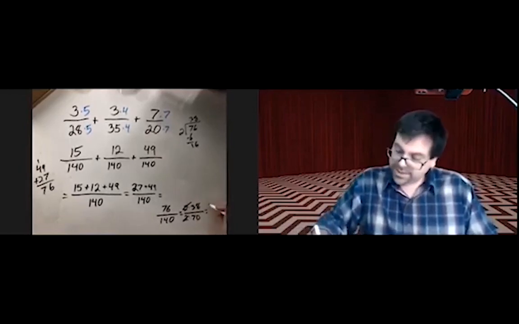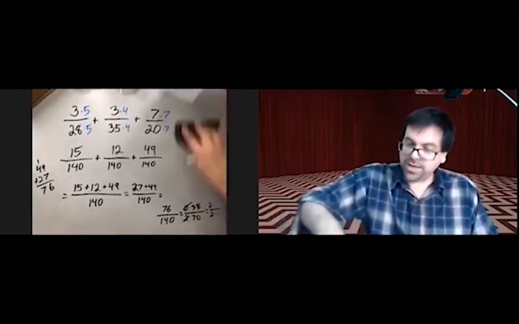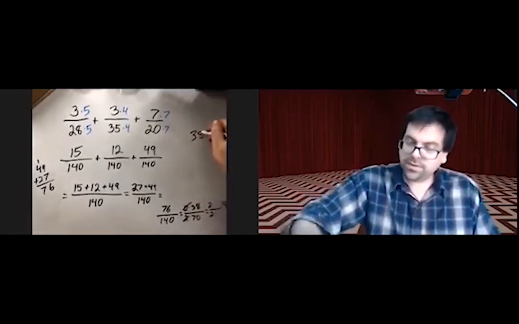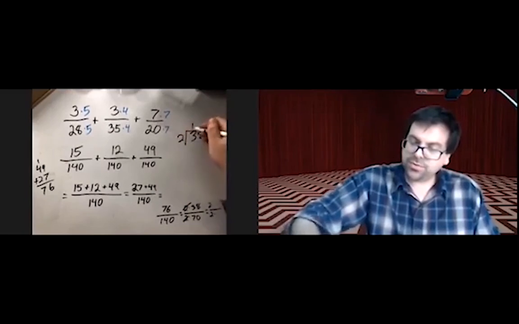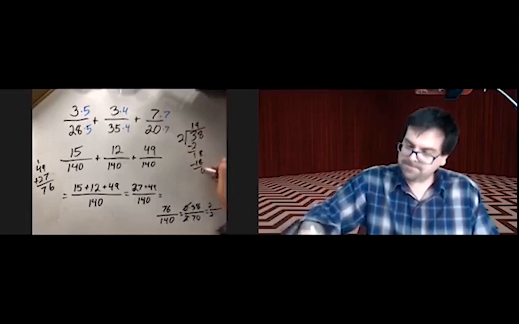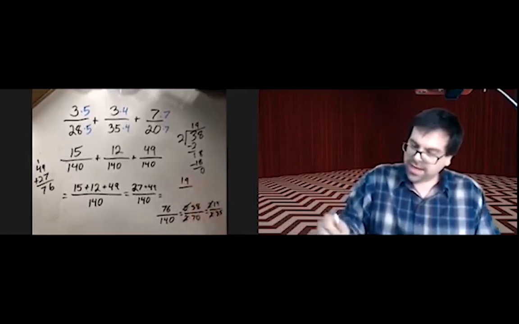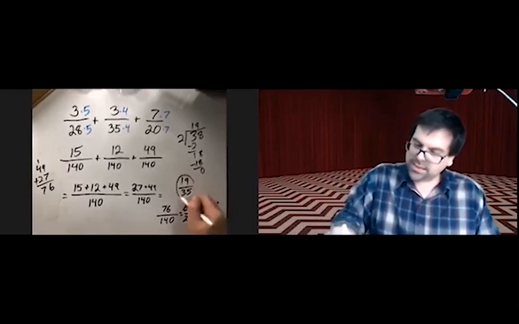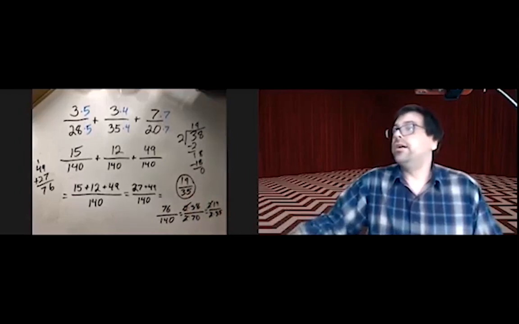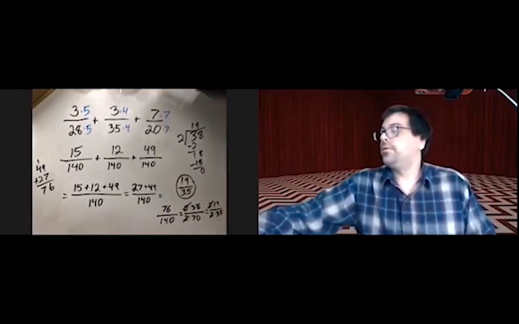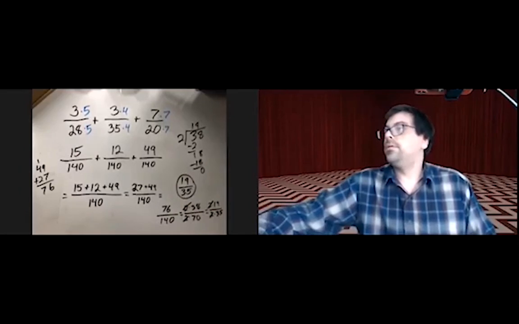But 38 and 70 can both be divided by 2 again. 38 divided by 2 is 19. 70 divided by 2 is 35. So it looks like we have 19 over 35. Which is accepted.